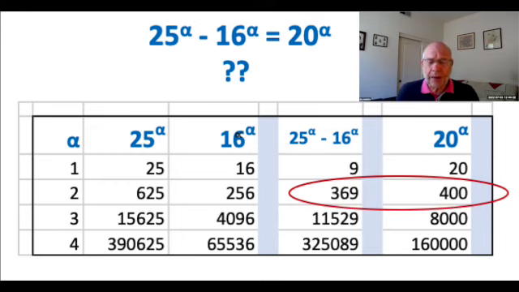So it's fairly apparent from just looking at these trends that as alpha gets larger and larger, the left-hand side of the equation is going to grow much more quickly than the right-hand side. And although I don't show it here, the same is true if we experiment with values of alpha less than 1 or values of alpha that are negative.